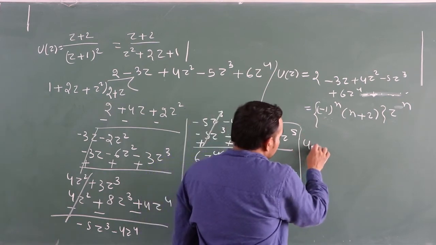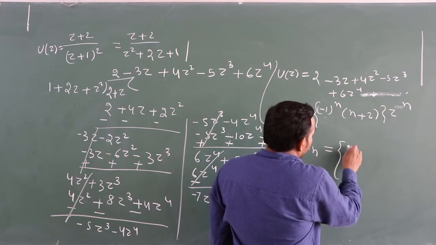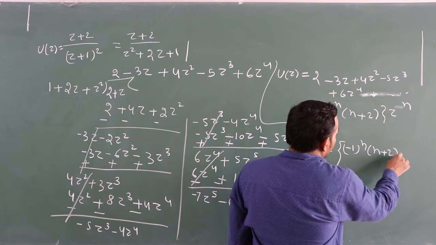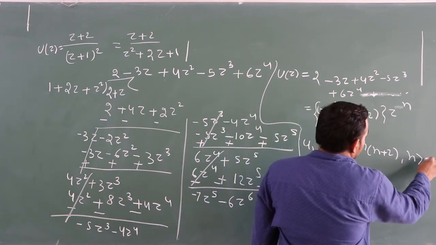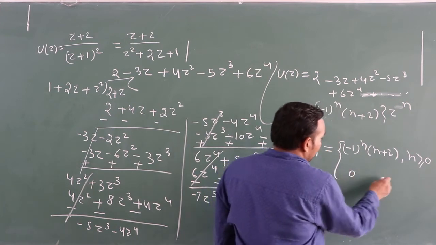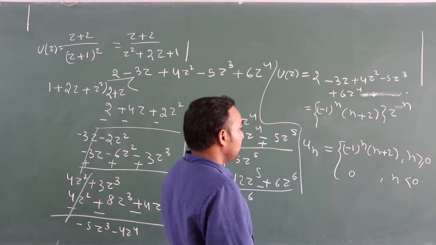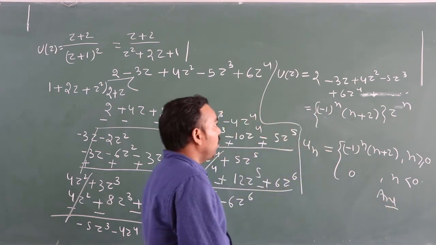Means you can say here the inverse z transform is minus 1 to the power n into n plus 2 for n greater than or equal to 0, and 0 if n less than 0. So we can say finally we get the answer of this problem.